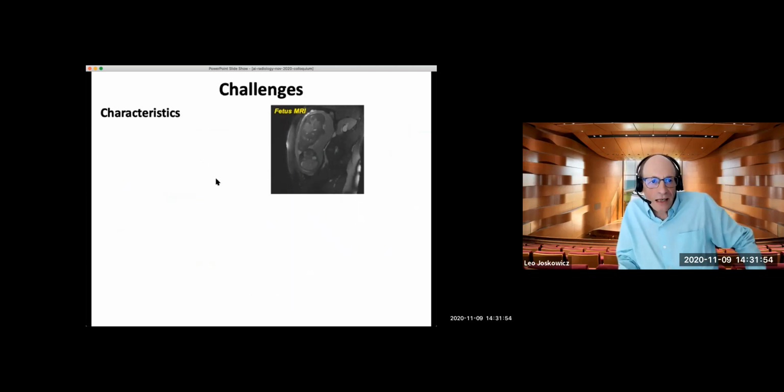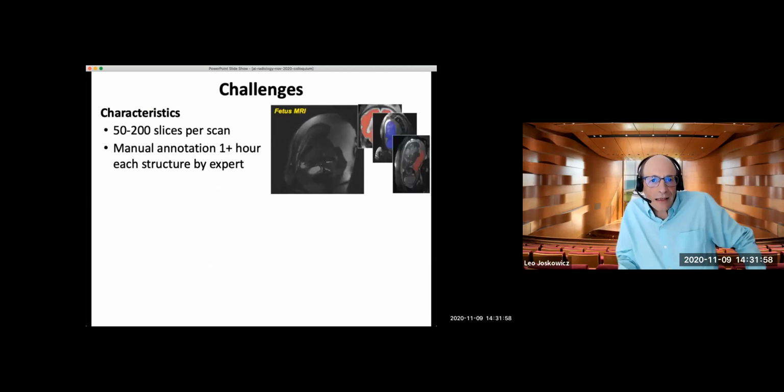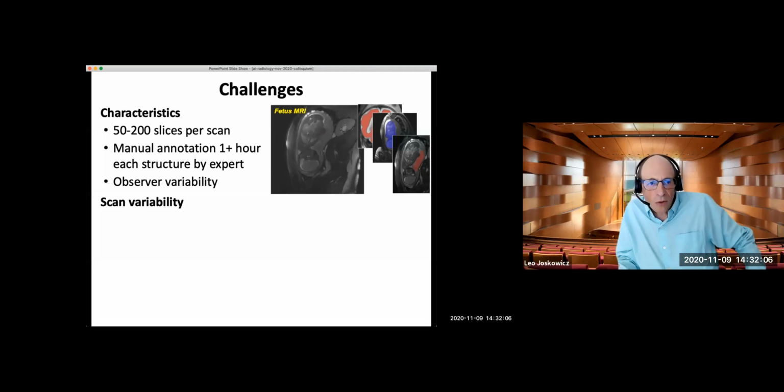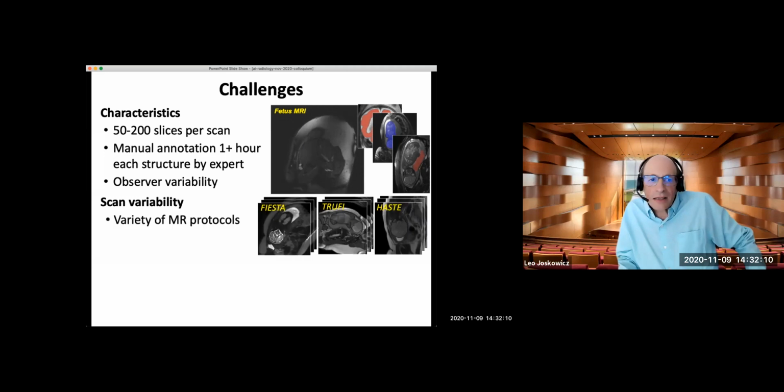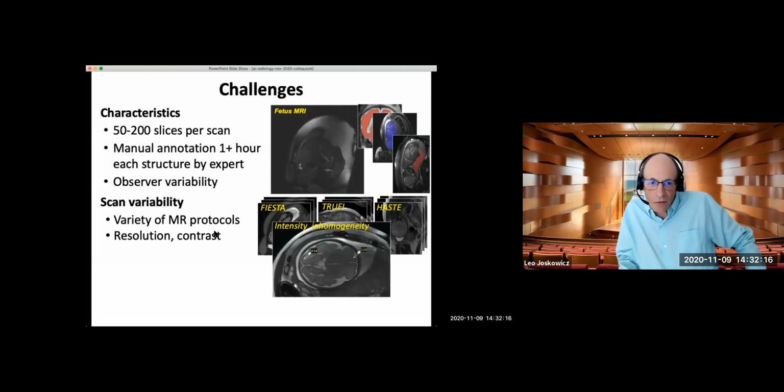So what are the challenges here? As I said, many slices. You have three different structures. You don't know what the observer variability is, so you don't just want to give the volume, but also plus or minus how much. The scan variability: there are a number of scanning protocols. Here are some of the names. The resolution and inhomogeneity in these scans is quite significant.